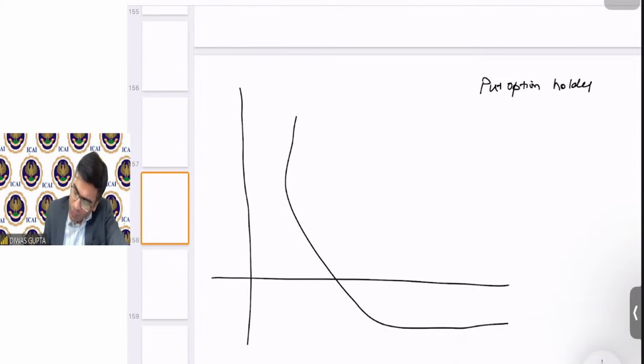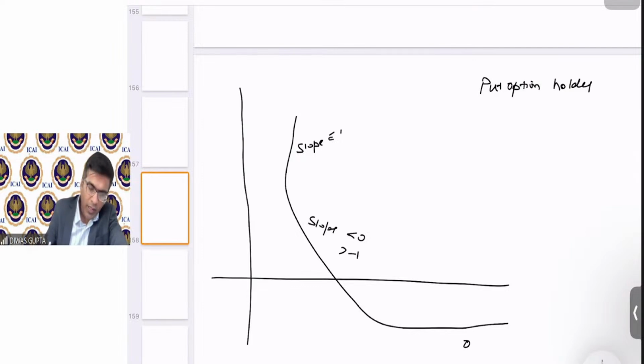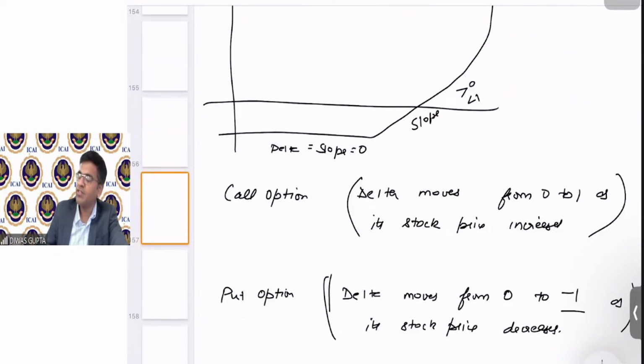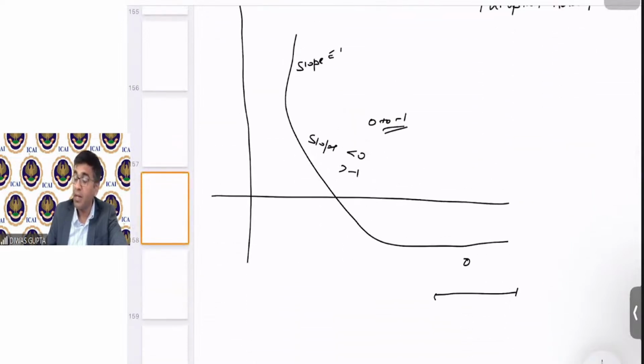So this is 0, correct? Then this slope is actually -1, students. And this slope in between is actually less than 0, but greater than -1. Okay, or I can say 0 to -1, students. Yes, Shailesh, Mansha, very good. Namrata, just check once. It will move to -1, Namrata. Okay, not +1.